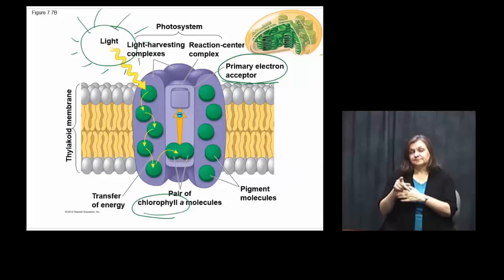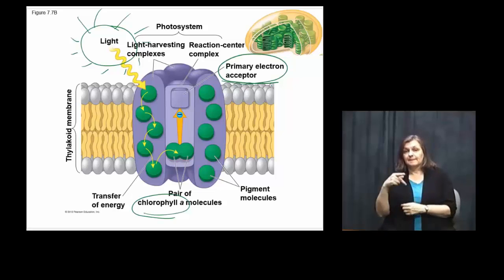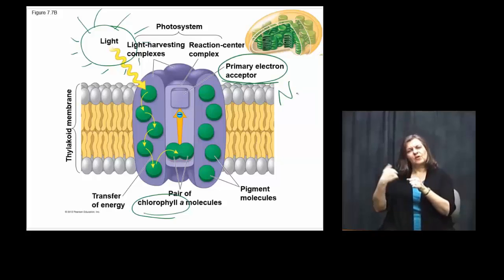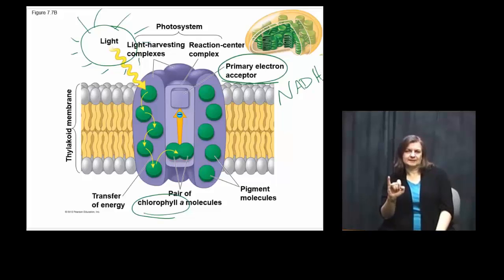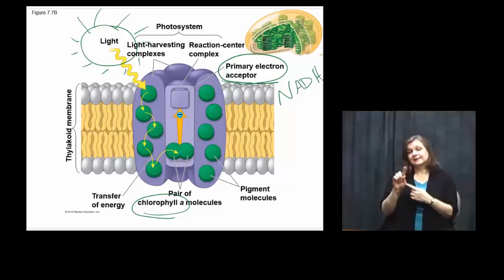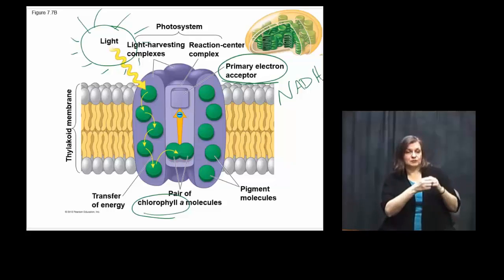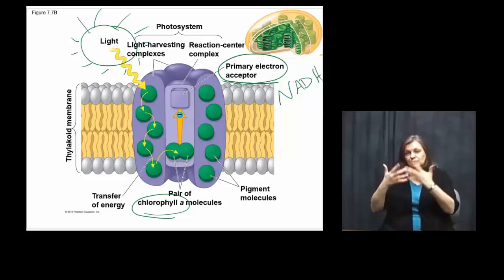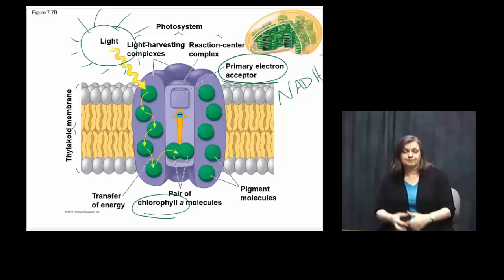It's a primary electron acceptor; rather than oxygen, it is another compound to help us move electrons around. Remember, we called these taxi cabs, or NADH. These will help us move electrons to the other photosystems and eventually to the Calvin cycle, or the dark reaction, where we can actually make glucose.